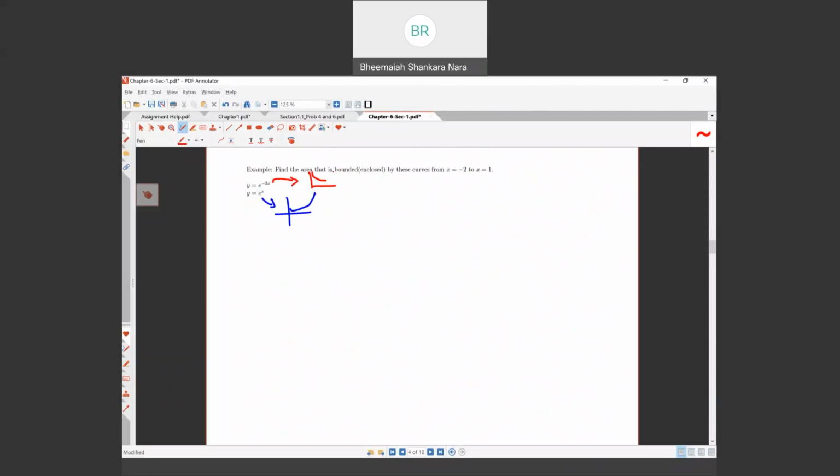So you should know the sketch of the graph. You've already been given the x limits in the question. It's -2 to 1.